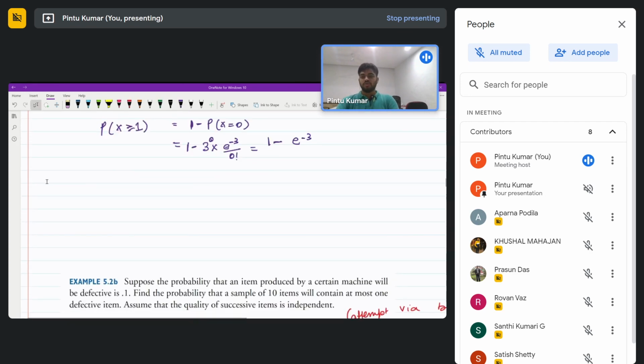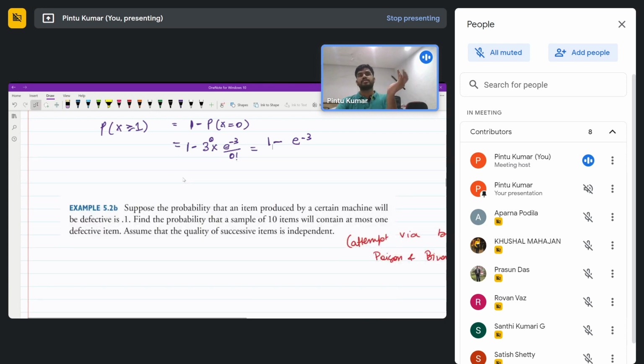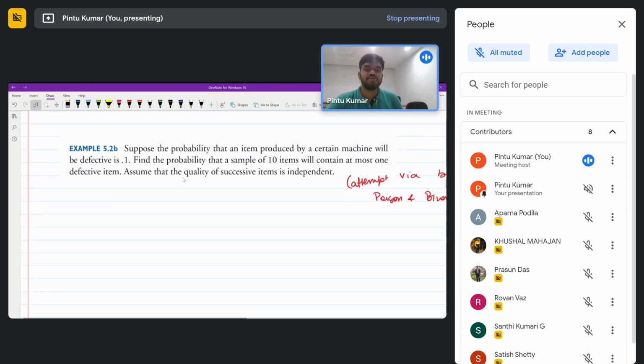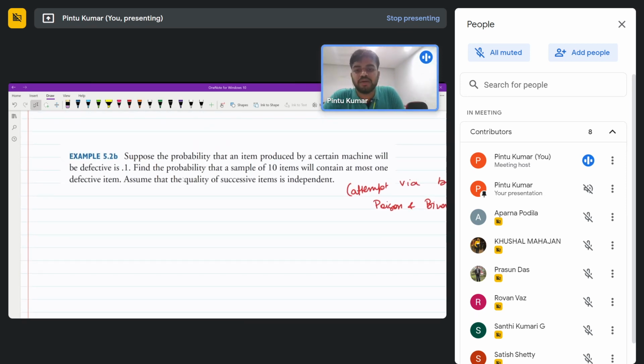Now in the next question, we'll try to verify whatever I said, that you can estimate a binomial distribution via the Poisson distribution, whether that is true or not. The question says, suppose the probability that an item produced by a certain machine will be defective is 0.1. So p is 0.1.